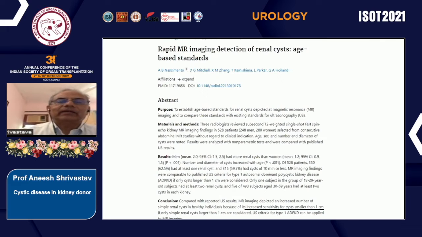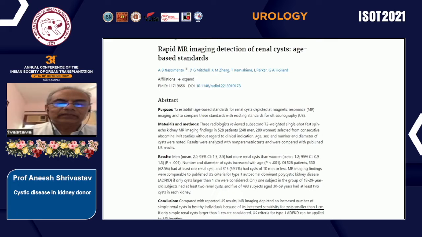Then came MRI, and now most of us in difficult or equivocal cases definitely need to resort to MRI. And they are even talking about, if you see the last sentence, if only simple cysts larger than 1 centimeter are considered, then these criteria can be applied to MR imaging.